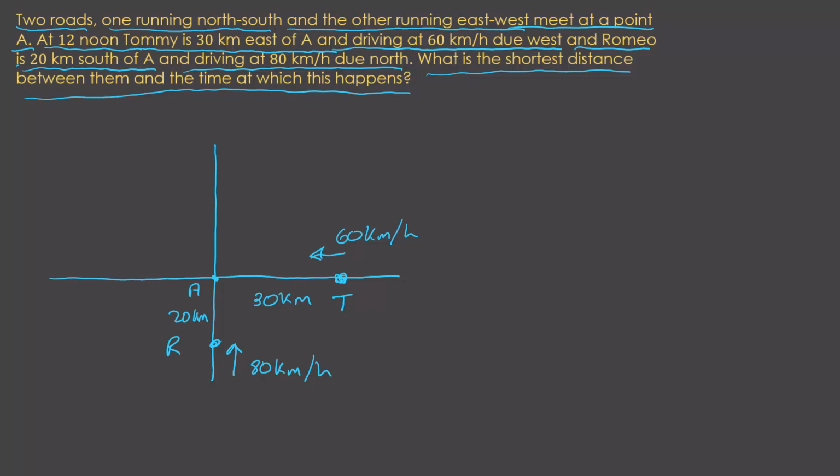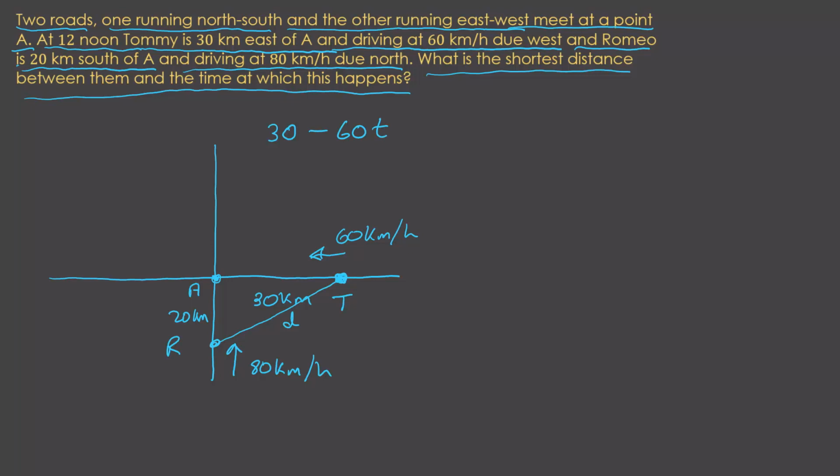Well, the distance between them is the third side of this triangle. So we'll call that D. Now think about Tommy's distance from A. It's going to be 30 take away 60t.